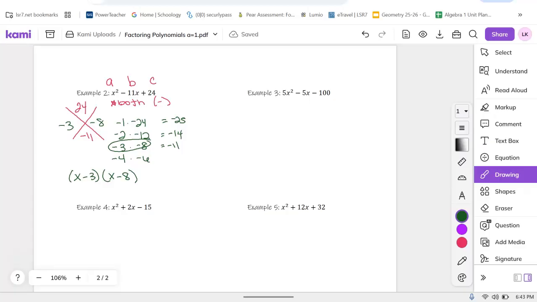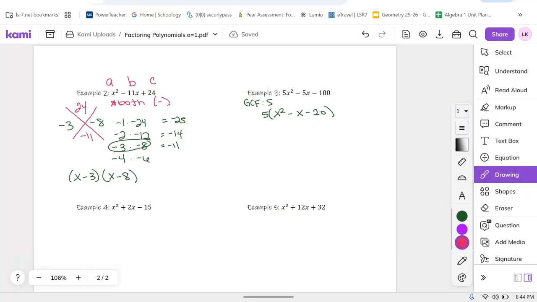Looking at example 3, I have 5x squared minus 5x minus 100. I can take out a GCF. My GCF is 5. So then I will have 5 times x squared minus x minus 20. I'm going to ignore the 5 until the very end.